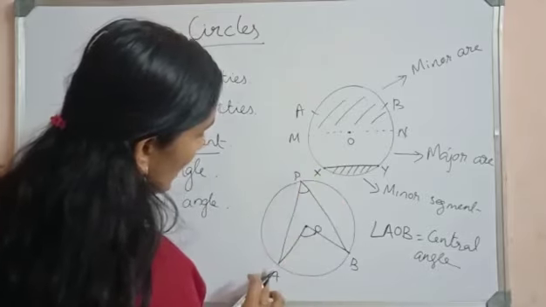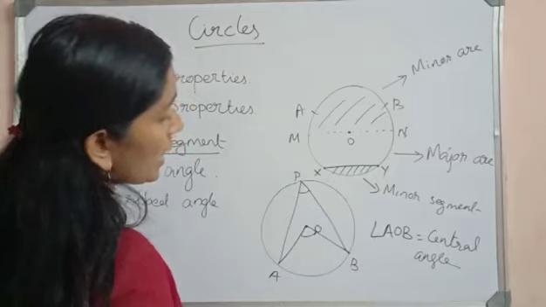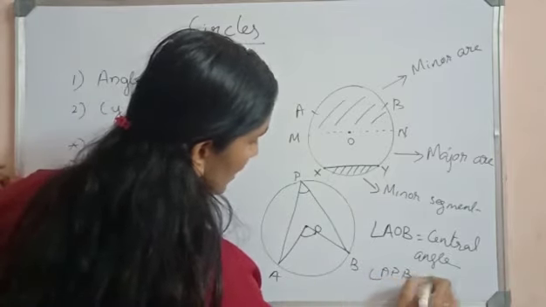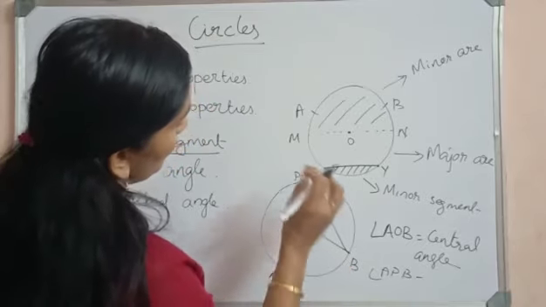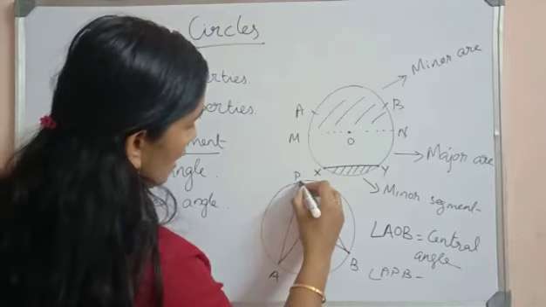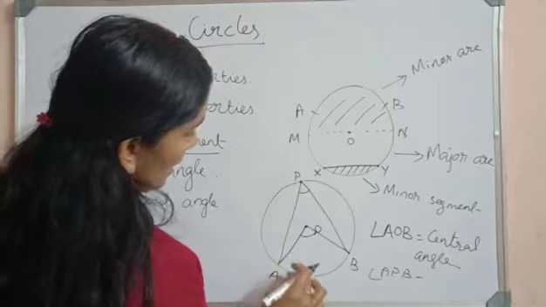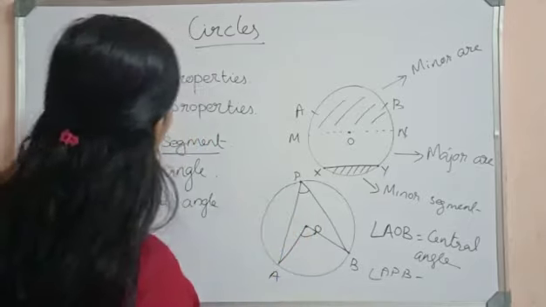So if you consider APB, angle APB is the inscribed angle. Inscribed angle is the angle formed at any point on the circumference by the given arc. That is what is called the inscribed angle.